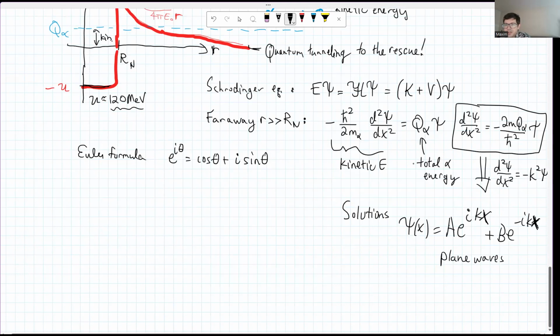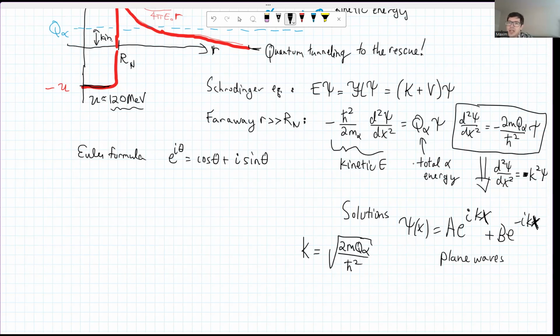When you take two derivatives with respect to x, you'll pull down two factors of i times k, and i squared is -1. So that gives you this minus sign here. And then you get the k squared from the two derivatives. So k is just equal to the square root of 2m q alpha over h bar squared.